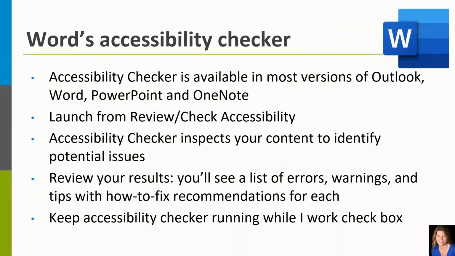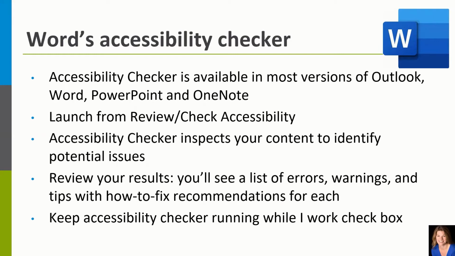For the accessibility checker, I just wanted to touch base on that a little bit because a lot of people don't know about it. Since we've come out with Office 365, we've tried to build in accessibility and bake it in, not just have it as an afterthought. And we want to make it easier for people to create accessible content and make it look professional and polished.